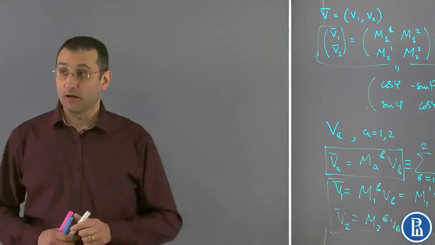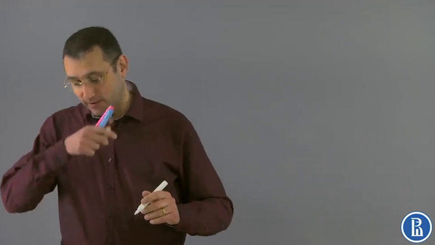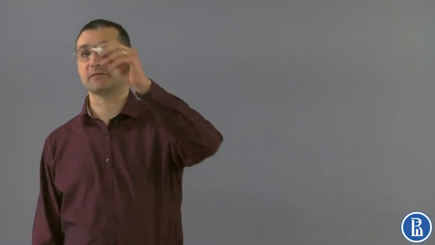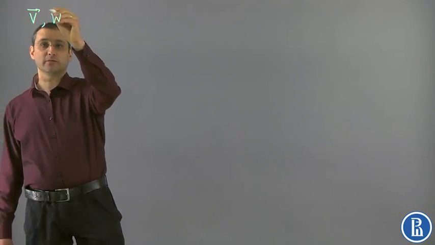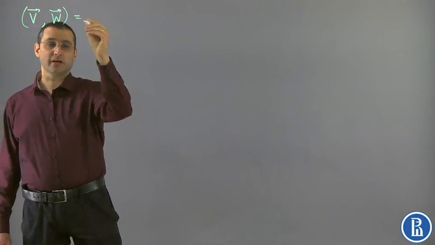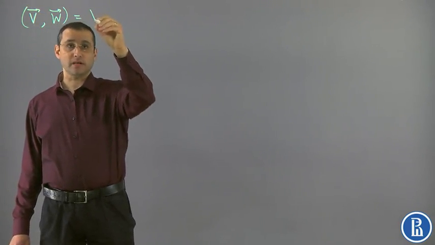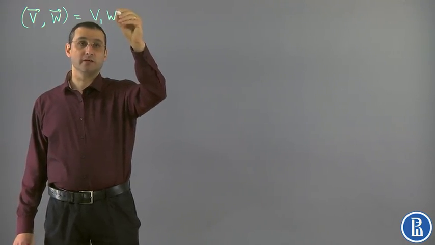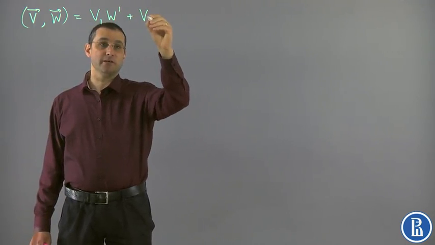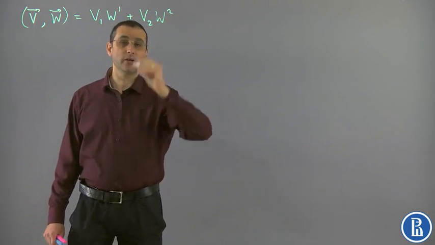To clarify why we need tensors, let me introduce the notion of scalar product or norm in the space of vectors. We all know that if we have two vectors, we can multiply them into a scalar product, which is just V1 W1 plus V2 W2.